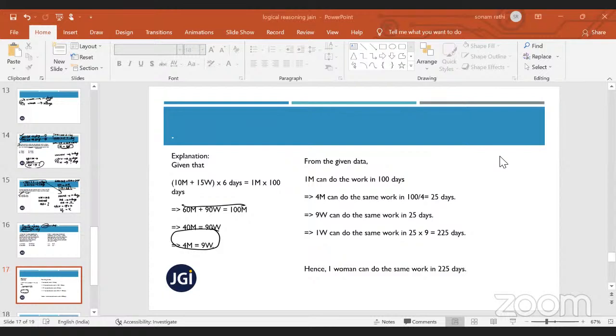Not a difficult question, very easy question. Yes, now got it, right? Everyone, see this explanation, it is very easy.